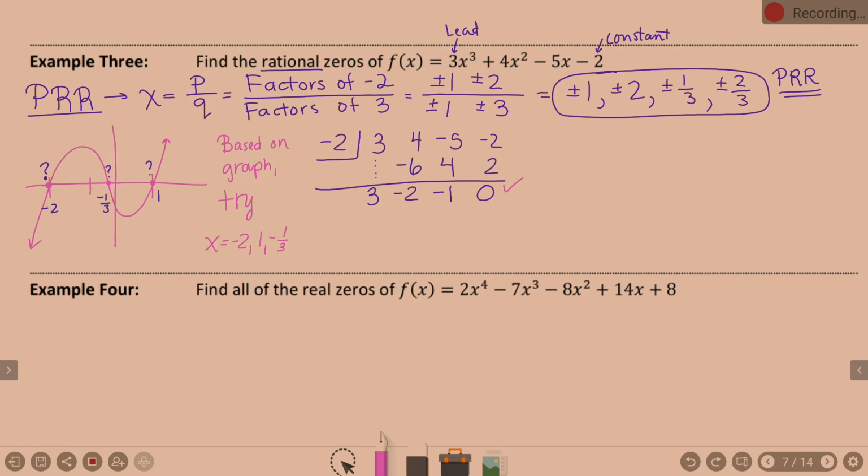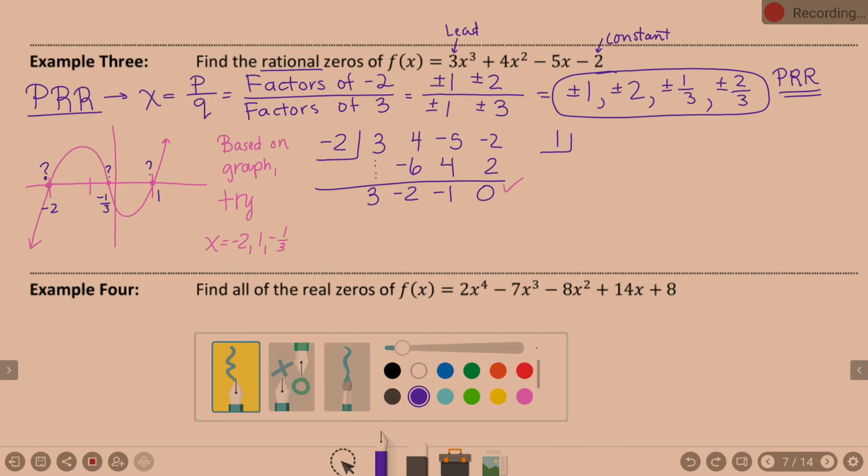Now, pause before you go on to the next one. We know -2 works. What am I going to suggest from here? To try 1. But here's the catch. What's going to make your life the easiest? Don't go back and use your original list of numbers. Don't go back and use the original problem. We're factoring this down.